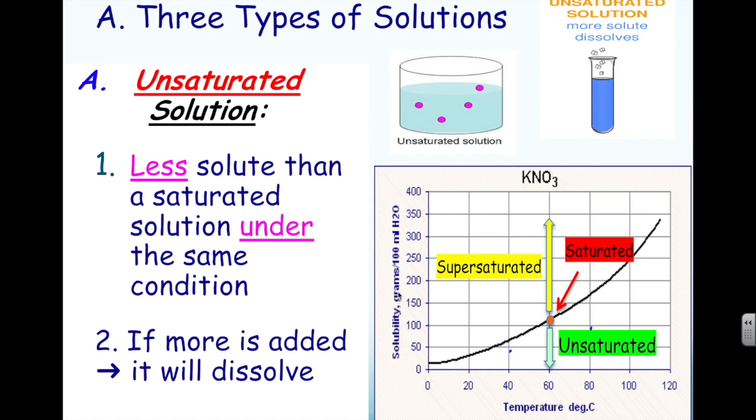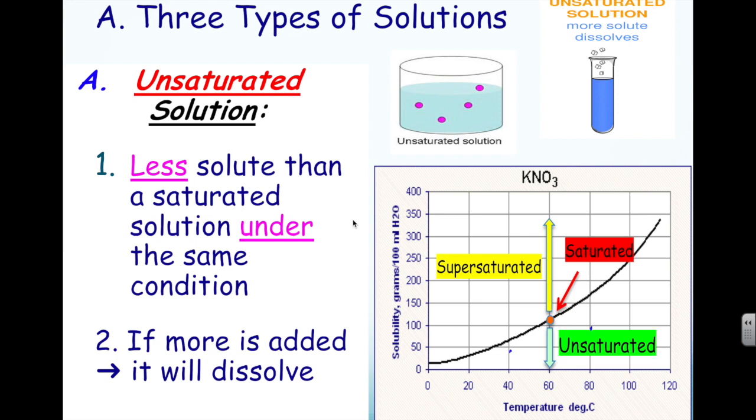It's the solubility of the solute in grams per 100 milliliters of our solvent. Almost always this is going to be water, but it's that 100 milliliters of solvent. So the unit is grams of solute per 100 milliliters of solvent. So that's the way we do that.